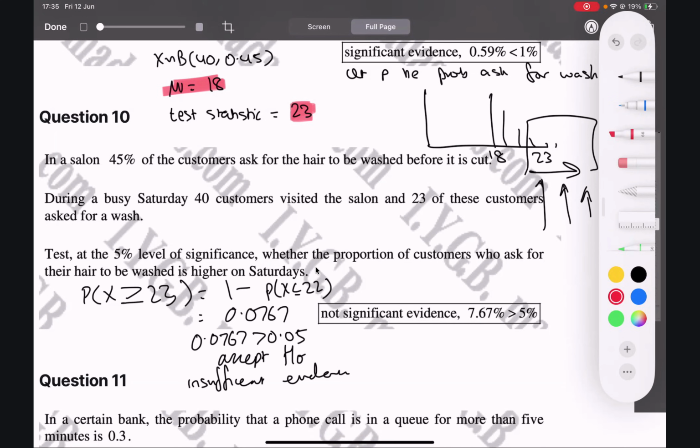Whereas if 35 people ask for a wash, then the owner needs to reevaluate. He can't expect only 45% of people asking for a wash, it's going to be much higher. He needs to update his model for next weekend.